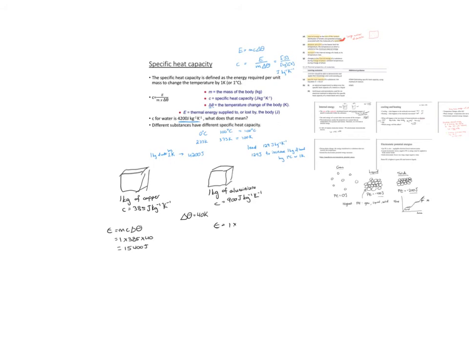So that's going to be 1 times 900 times 40, which gives us 36,000 joules. So you can see that the aluminium block requires much more energy to increase its temperature by 40 Kelvin compared to the copper block, which has a lower specific heat capacity, which requires less energy to increase its temperature.